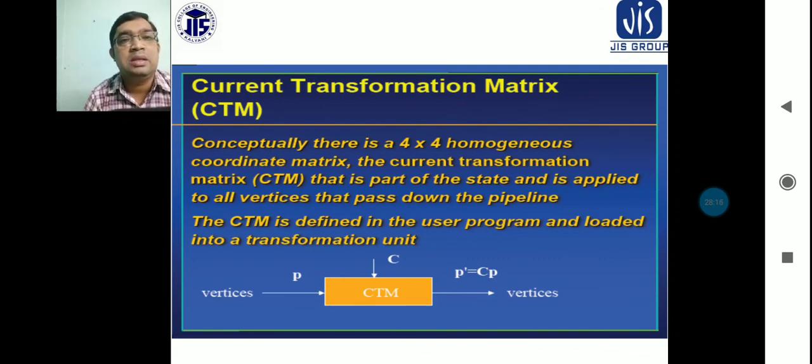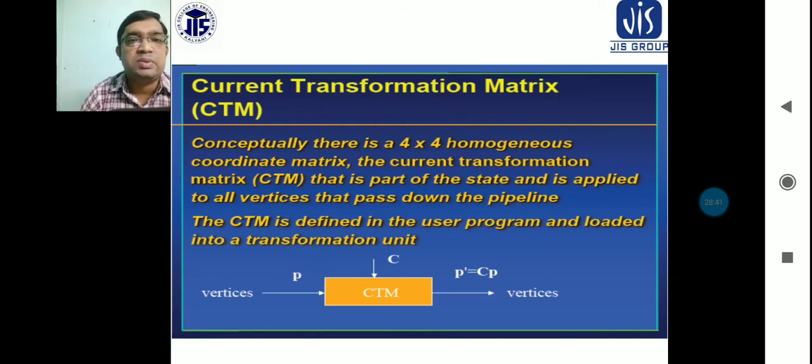Conceptually there is a 4 by 4 homogeneous coordinate matrix in the current transformation matrix, and this CTM is part of the state and is applied to all vertices that pass down the pipeline.